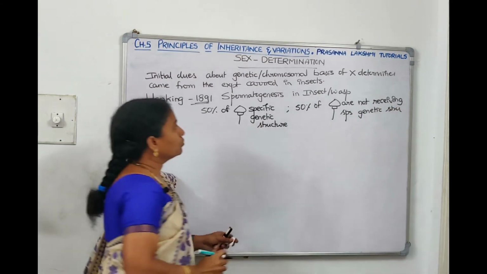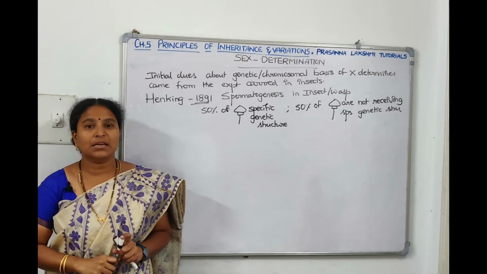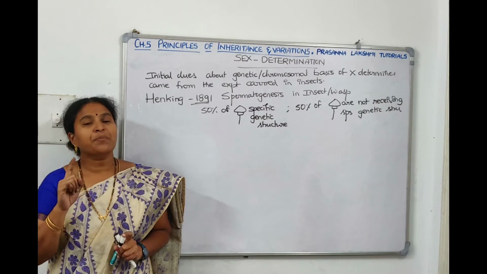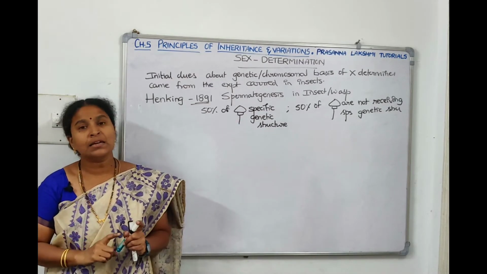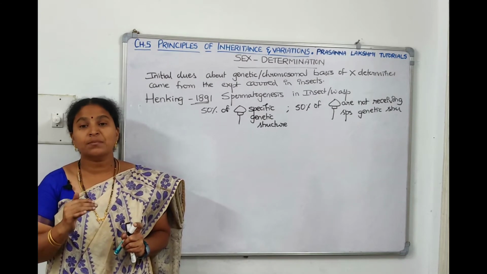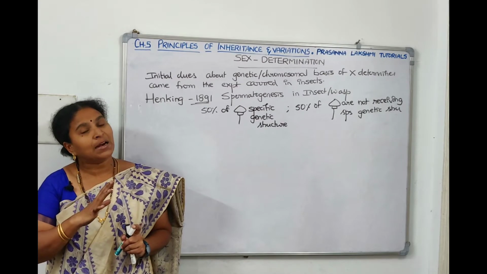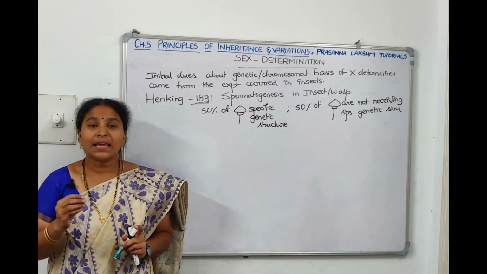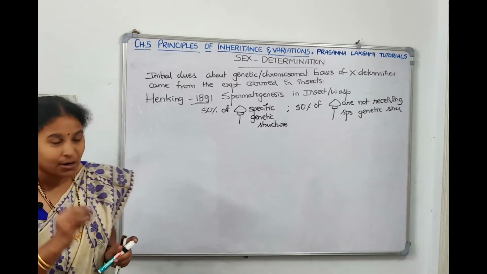This was the observation initially made by scientist Henking in the year 1891. He saw that 50% of the sperms receive a specific nuclear structure and the other 50% do not. So he gave the name X body to that specific nuclear structure.